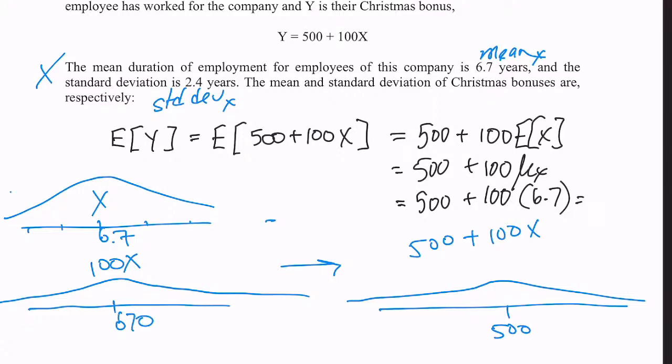And then plus 500, it would have been 1170. Okay, so I made it in general, but now you can see the numbers. Whatever I do to the variable, I do to the mean. So that's the result.